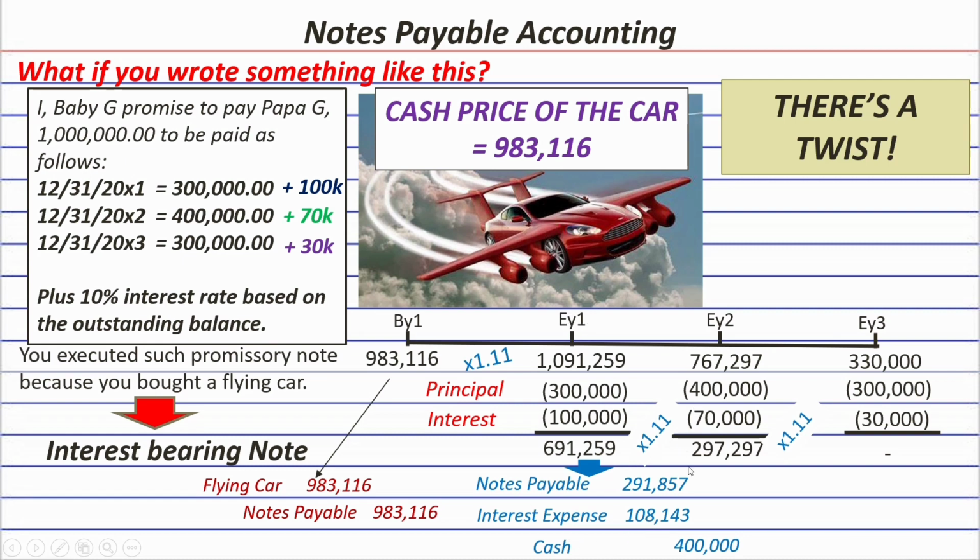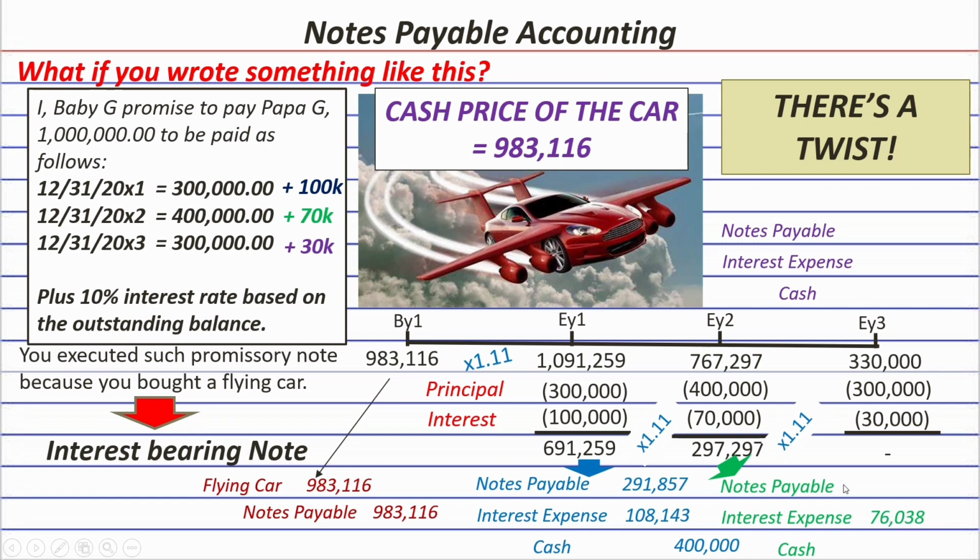Okay? Now, for year 2 and year 3, we have a very similar entry. But the amounts are not the same, of course. So the interest expense for year 2 will be the difference of this after interest amount and this before interest amount. And the difference of these two, that's 76,038. That should be debited as the interest expense for year 2.